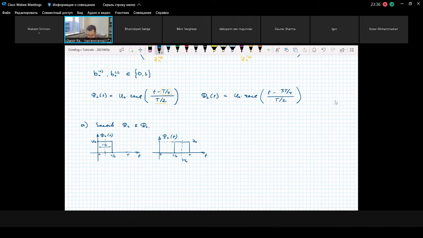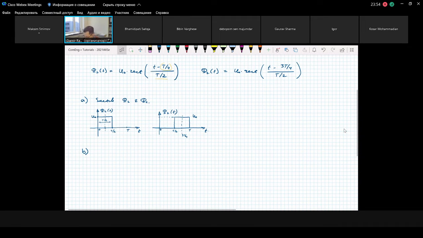Okay, and now we can go to the next part. Now we need to show that phi1(t) and phi2(t) are orthogonal, but not orthonormal.